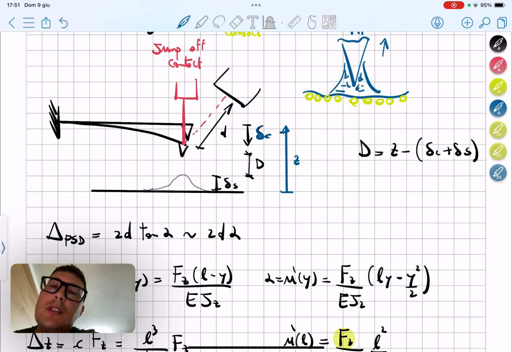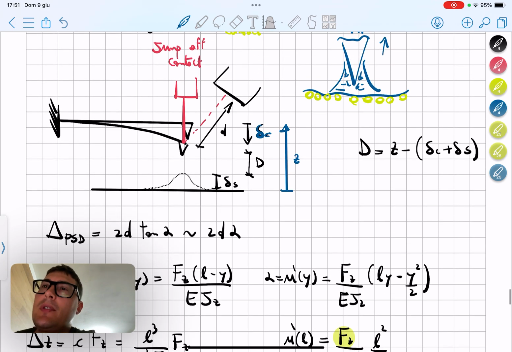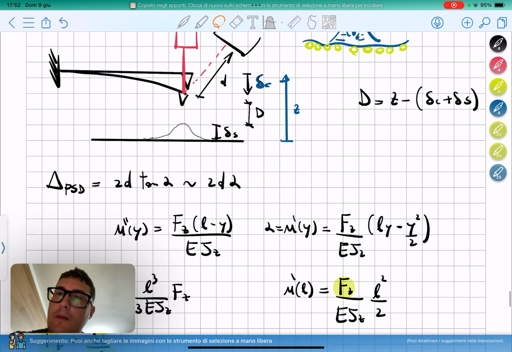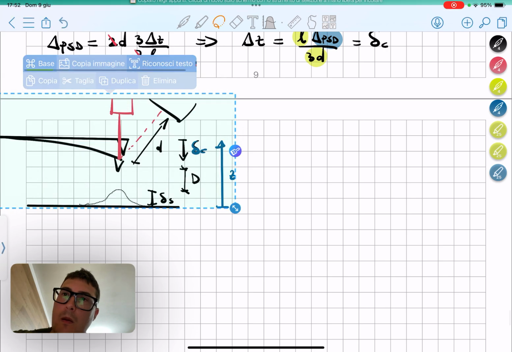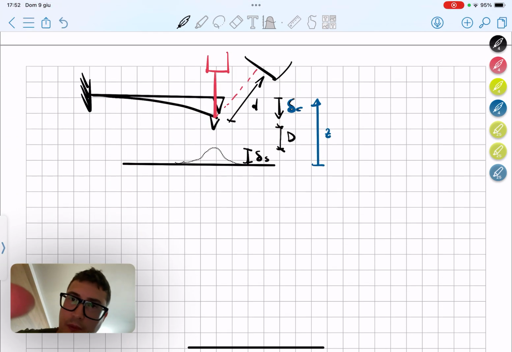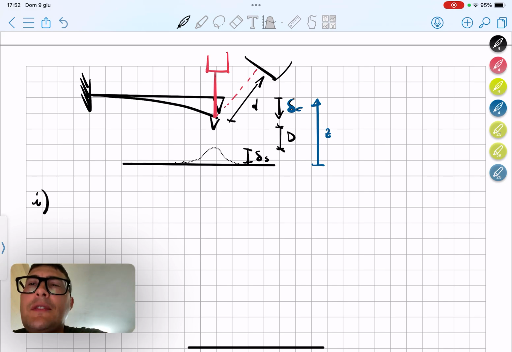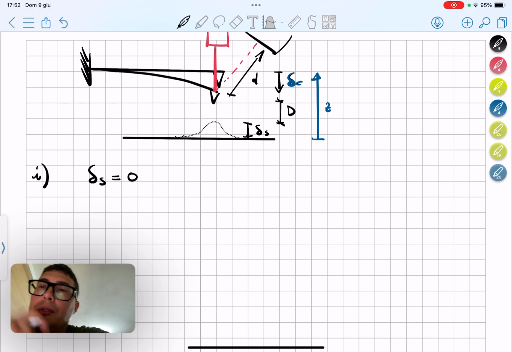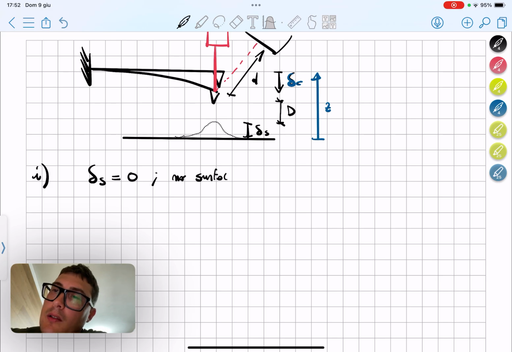And we can also identify some regimes. Let me take this down. Let's start with the first one. The first regime is if we assume that the sample is effectively undeformable, so delta S is equal to 0, and there are no surface forces.